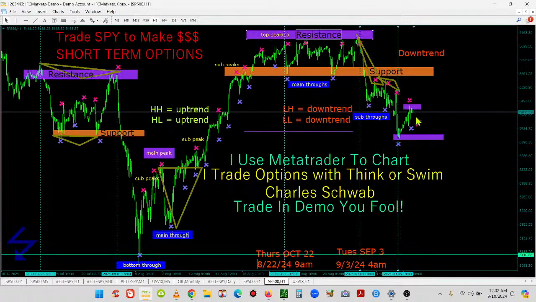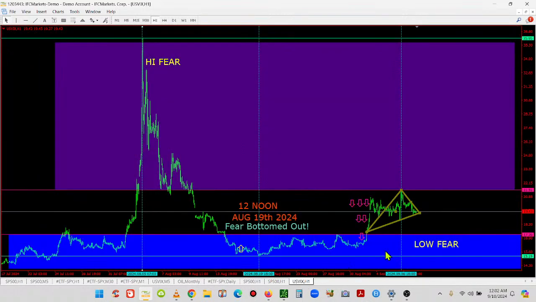Okay, so if the VIX goes into the blue zone, so this area of support now turned resistance, because when the support fails, it becomes resistance. Okay, this is resistance. This is the part that failed. If that VIX goes into the blue zone, why is it blue?